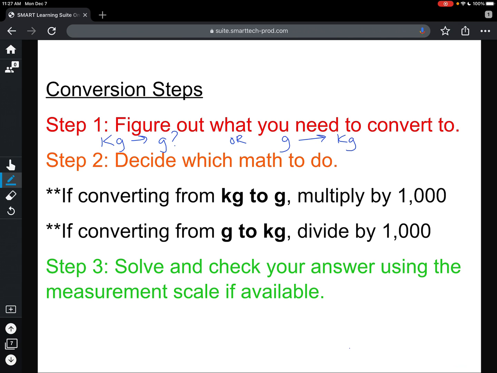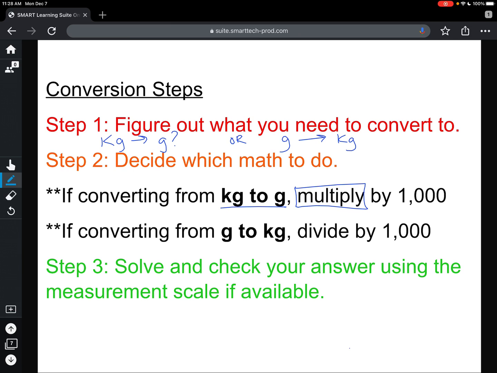Then you're going to have to decide what math to do for step 2. If you're converting from kilograms to grams, you're going to multiply by 1,000. This makes sense because when I'm multiplying from a larger unit of mass to a smaller unit, the numbers get bigger. When you convert a larger mass, such as kilograms, to a smaller unit like grams, the numbers get bigger.